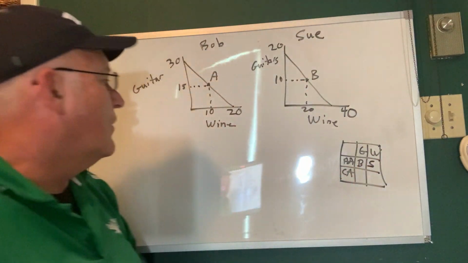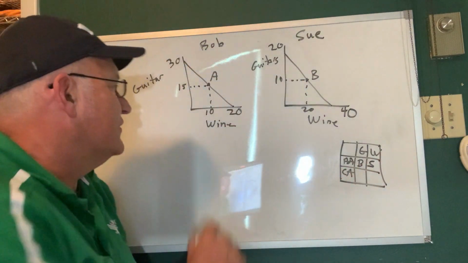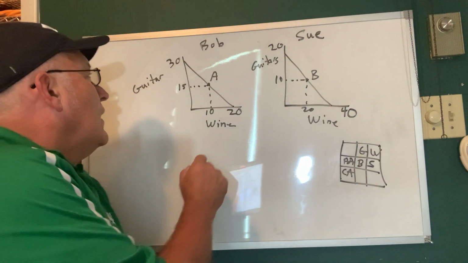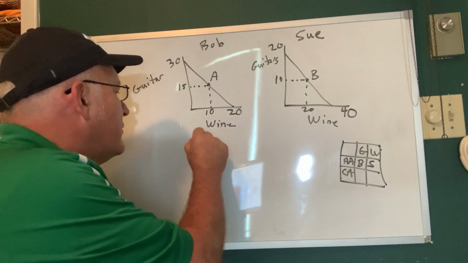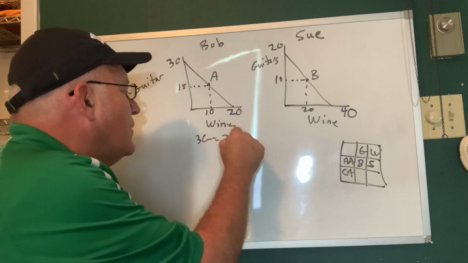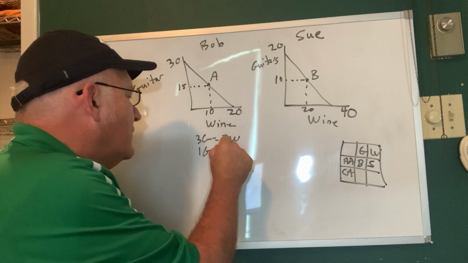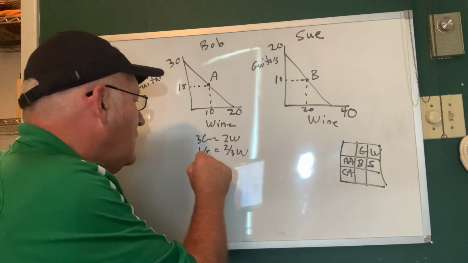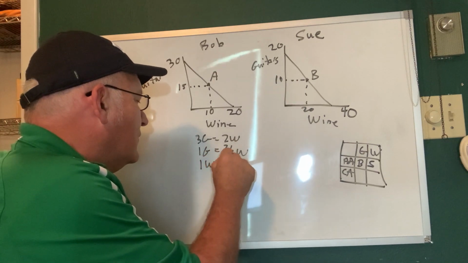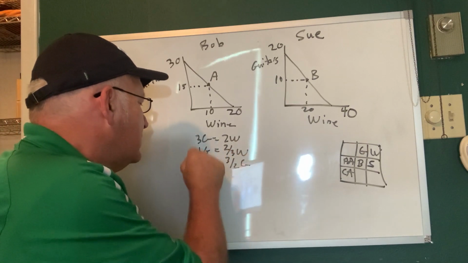Okay, so in terms of comparative advantage, for Bob, 3 guitars equals 2 wines, 1 guitar equals 2/3 of wine, 1 wine equals 1.5 guitars.